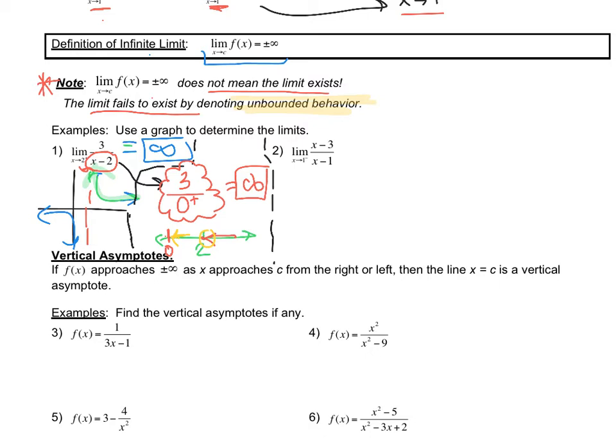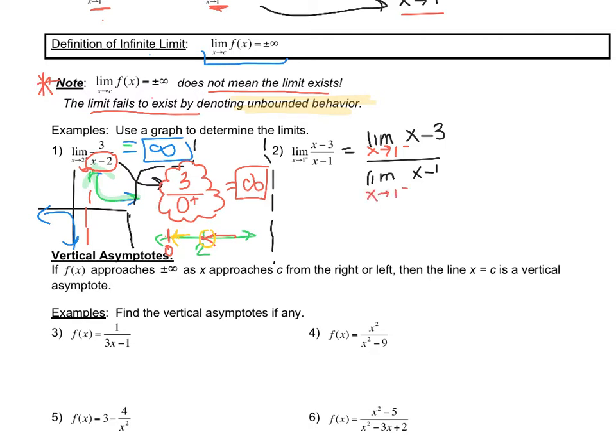So let's think about this function if we break it down into 2 separate limits, similar to the way we thought about number 1. So what I'm really thinking about is the limit of x minus 3 divided by the limit of x minus 1. But I'm looking at each of those limits as x approaches 1 from the left.